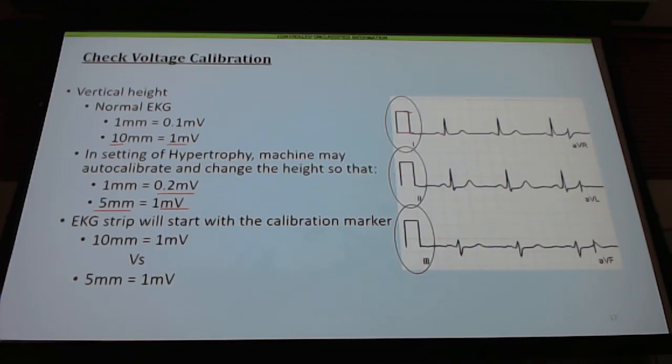So you could easily miss an ST elevation if this calibration is done differently from what you normally see. So that's why I think checking the calibration and making sure that this is a standard EKG is important, because it could alter how you read the rest of the EKG.